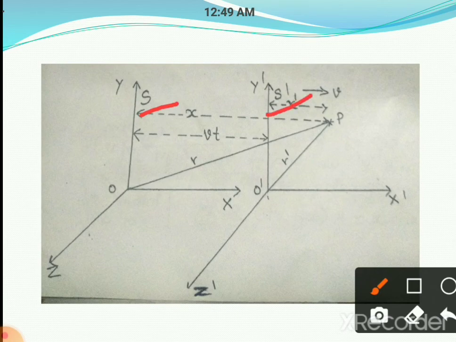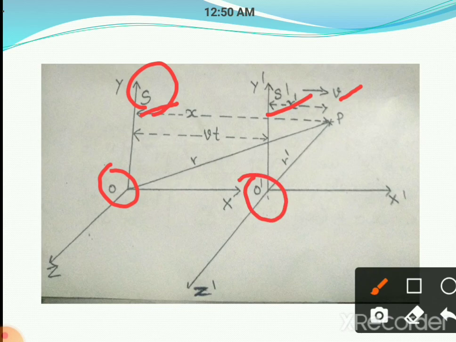S is at rest and the frame S dash is moving with velocity V with respect to the S frame. At the instant of time t equals 0, the origins of both frames coincide with each other.